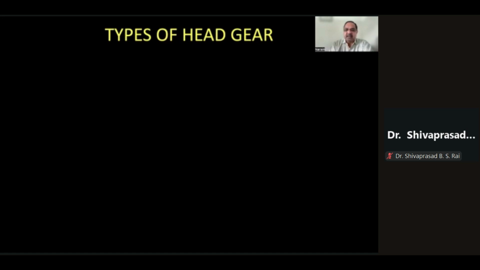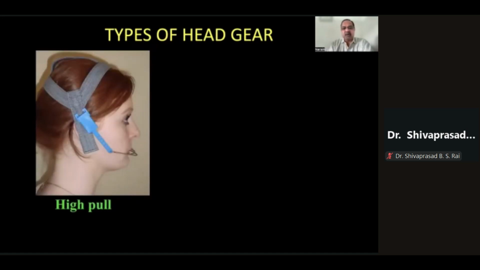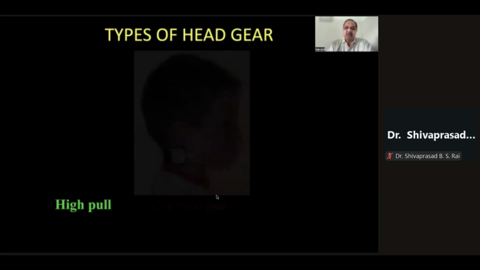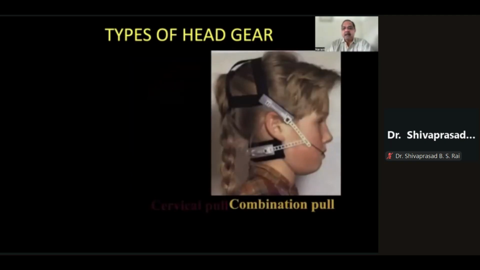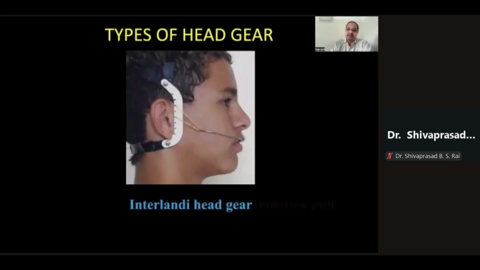Now, coming to the types of headgears, according to the pull, you have the high pull, which takes anchorage from the parietal and the occipital bone. You have the cervical pull, where the anchorage is taken from the cervical bones and the occiput. And then you have the combination pull, where the high pull and the cervical pull are combined.